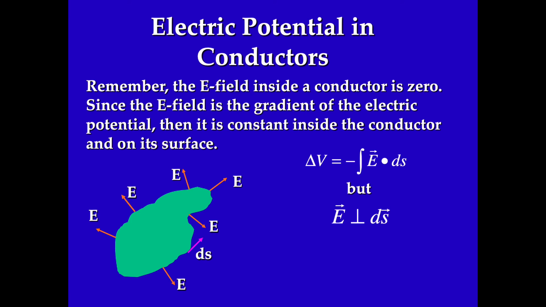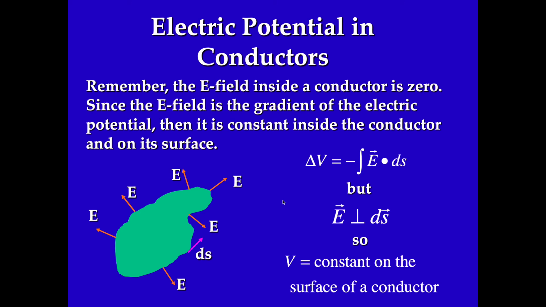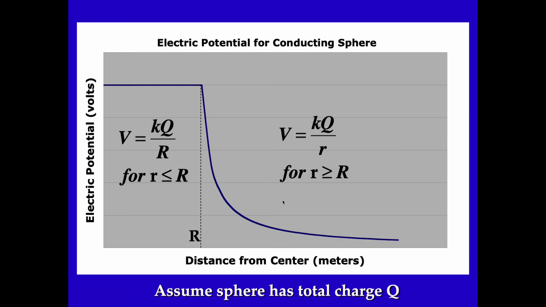The electric potential inside a conductor is constant, but not zero. And this shows you in general that the surface of a conductor forms an equipotential. Because delta V will be zero inside, that means the potential everywhere has to be the same. And for a conductor, V looks like that.